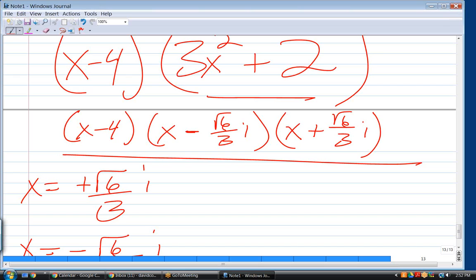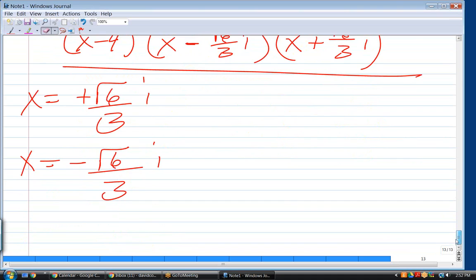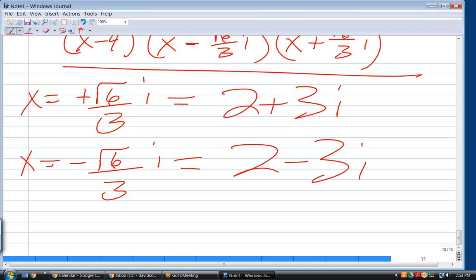The only thing I was trying to point out is that when you do come up with an imaginary solution, it's still x minus whatever that solution is, as a factor. So sometimes, in our particular situation, we did not have a number in front. But let's just, for the sake of argument, say that we came up with 2 plus 3i, and this one would be 2 minus 3i.